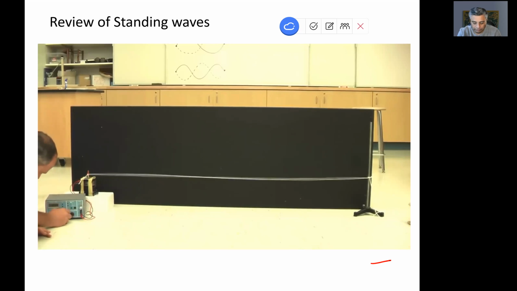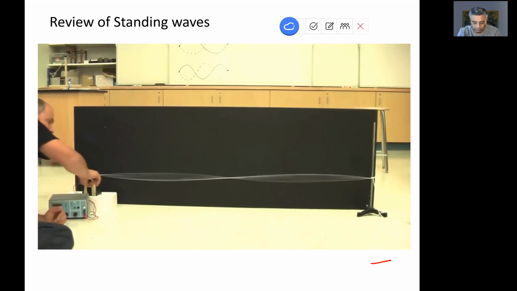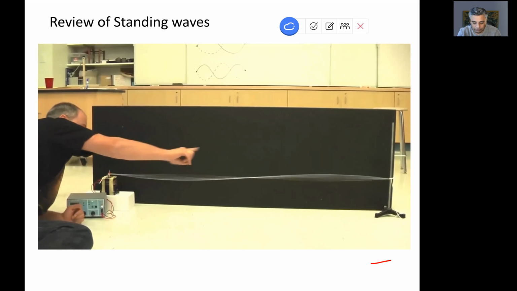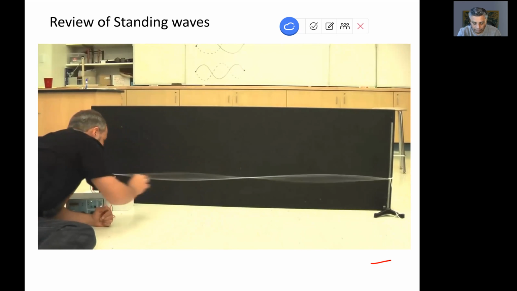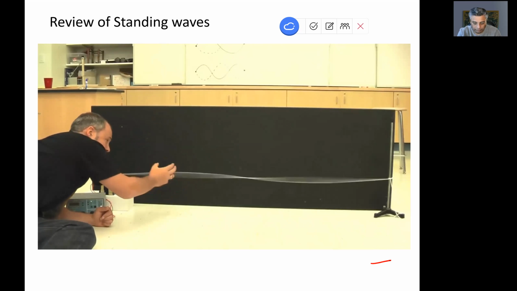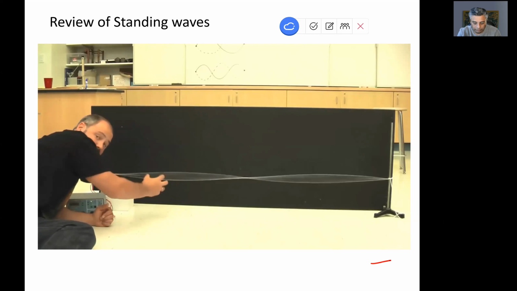But if I set it here, for example, I have what's called a standing wave. That is, the wave that's sent down and reflects constructively interferes with the next wave that comes down right at this point.